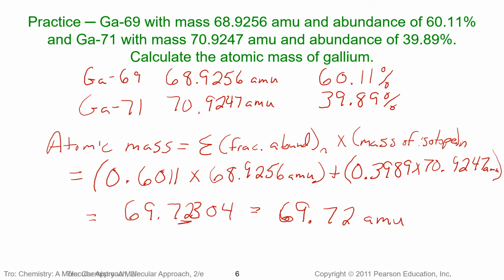And again, our average is closer to the more abundant isotope, and it falls between the two. If you look on the periodic table, you will see that this is the atomic mass of gallium.